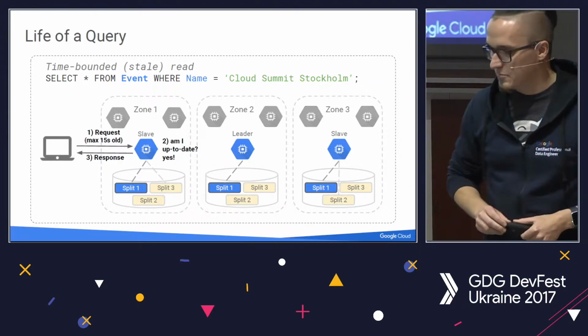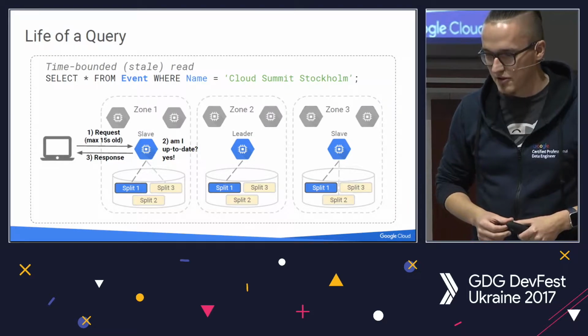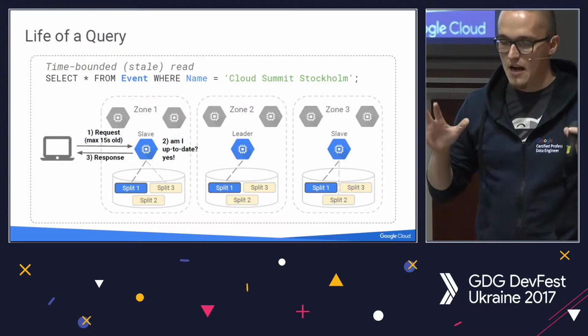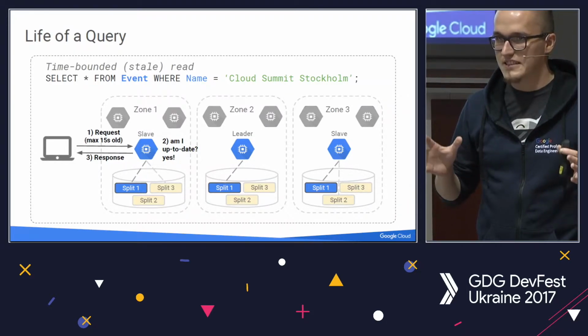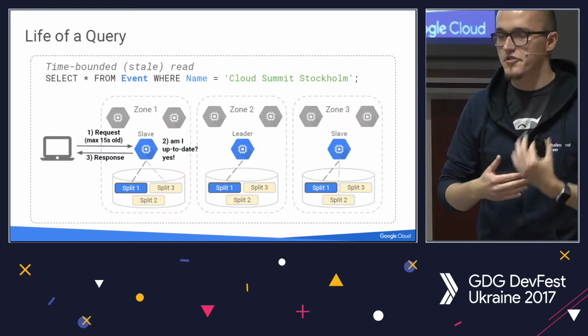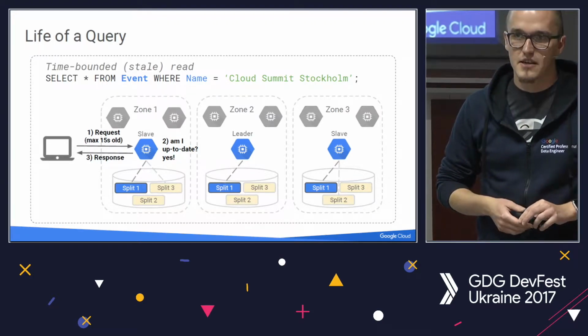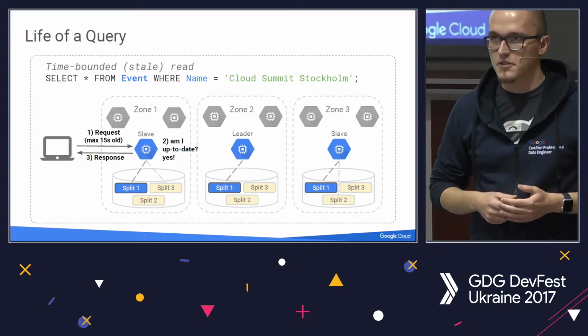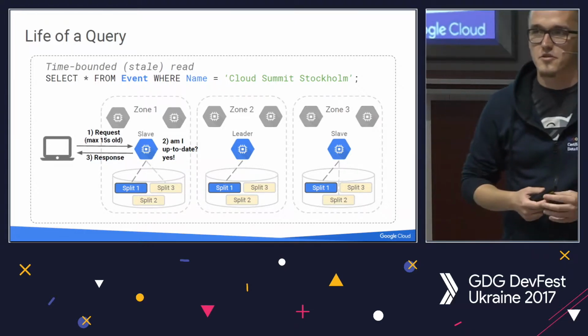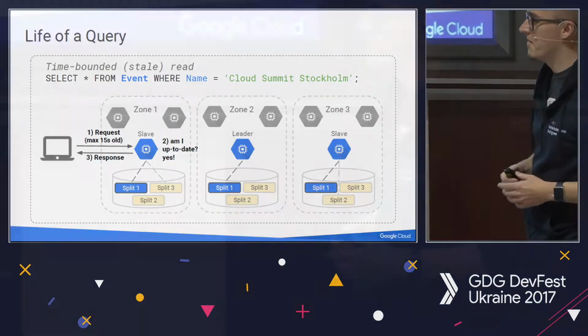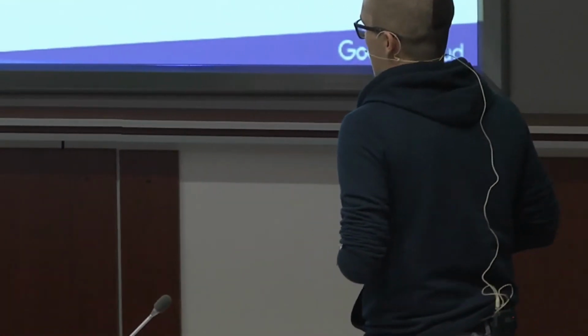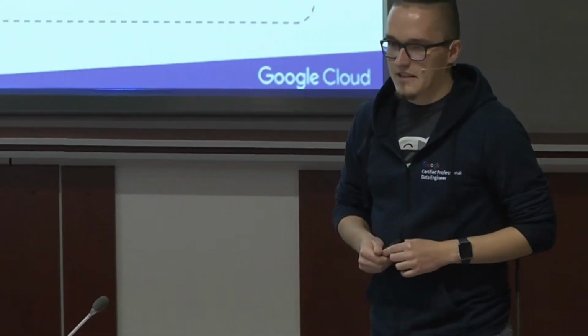Stale data in this case means that when you specify the transaction, you say how old or how stale data you are fine with returning. Again, think of the NoSQL solution where when you read, you expect that some of the response might be stale, might be impacted by eventual consistency. Spanner can actually imitate this.